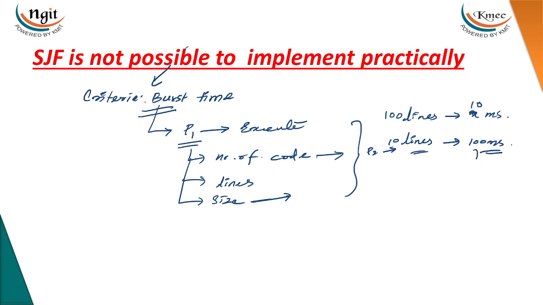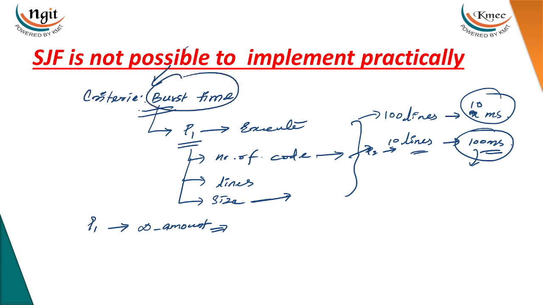So it is not correct to predict based on lines of code. And we don't know if there is an error in the code, and it may run for an infinite amount of time. So the user cannot predict the burst time, that is how much time the process will execute on the CPU to complete its execution. So it is not possible.